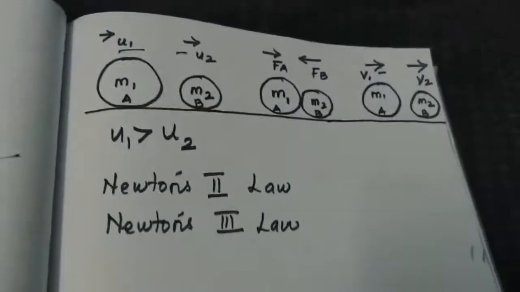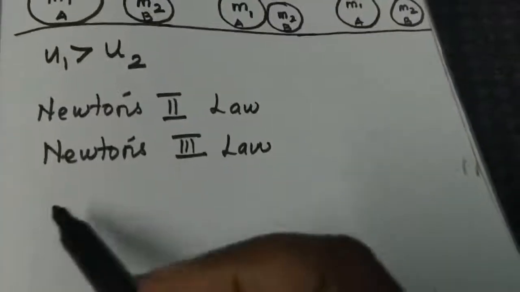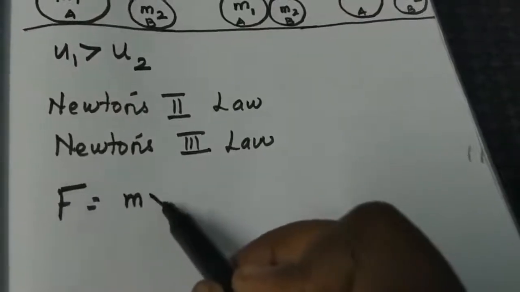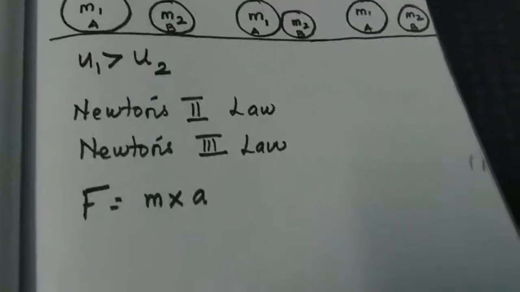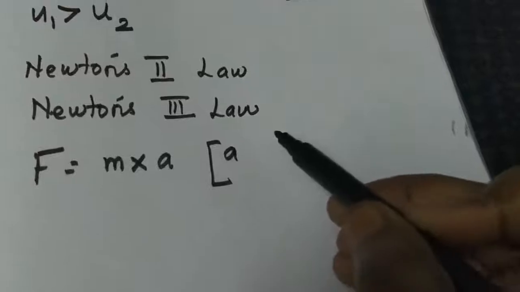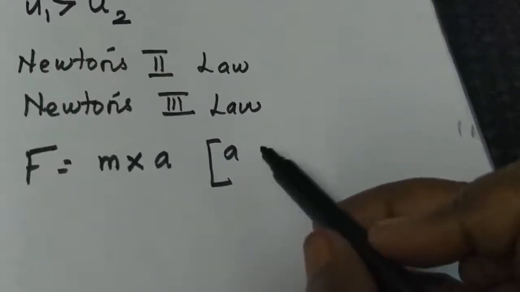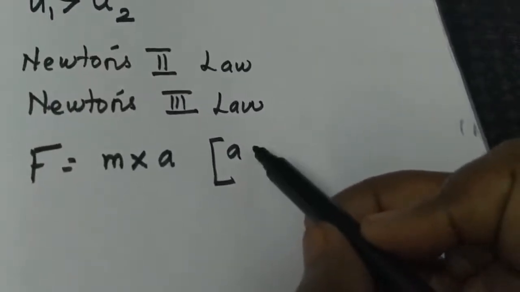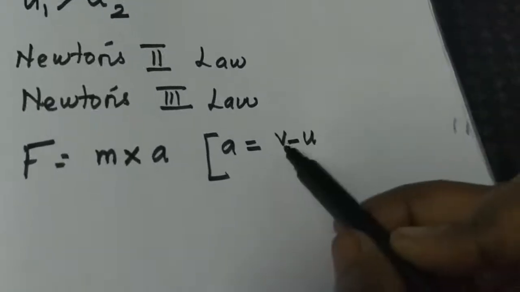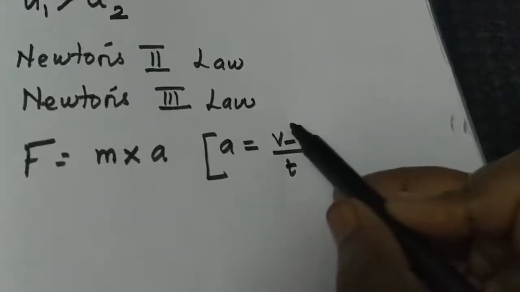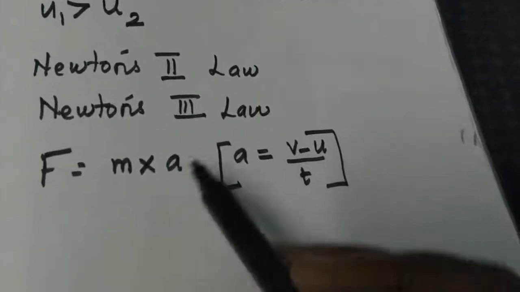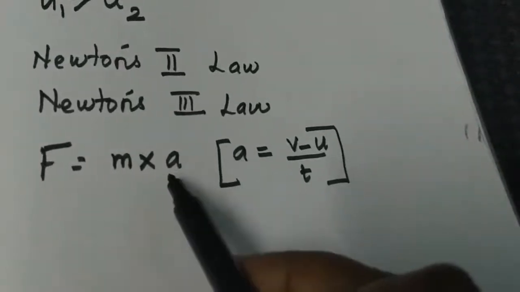Because we know that F equal to m into a, and acceleration is the rate of change of velocity, a equal to v minus u divided by t. So we are going to substitute this value for a.